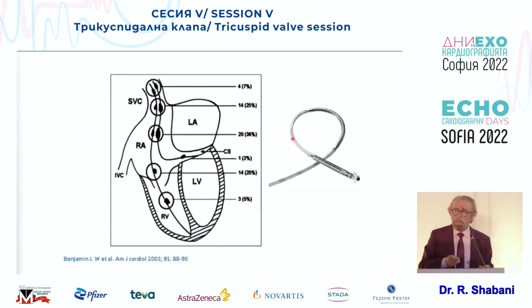Колеги, като говорим за пейсмейкъра, трябва да говорим и за местата, където се образуват тромби. На практика много рядко се образуват тромби върху електродите. Тромбите се образуват веднага в началото и се разсейват много бързо.